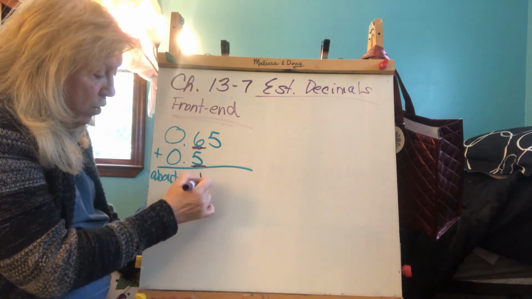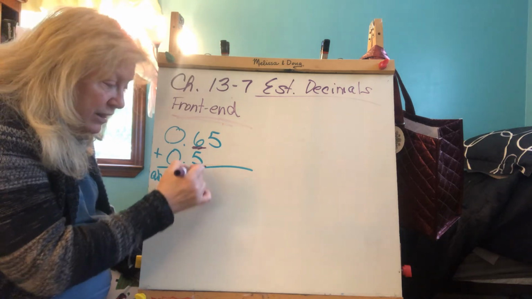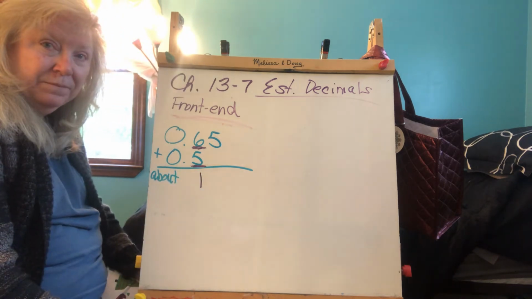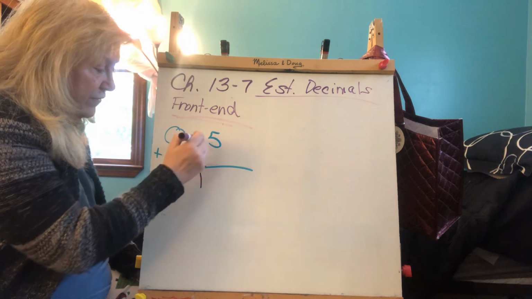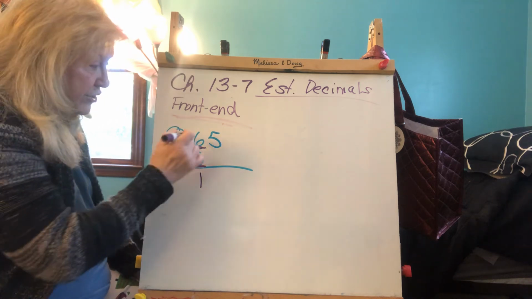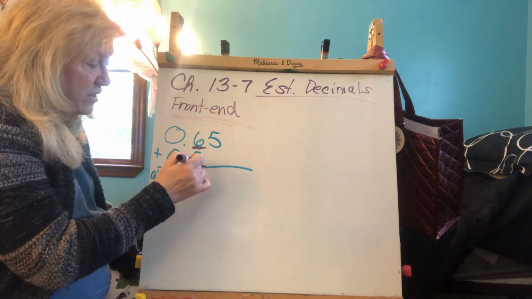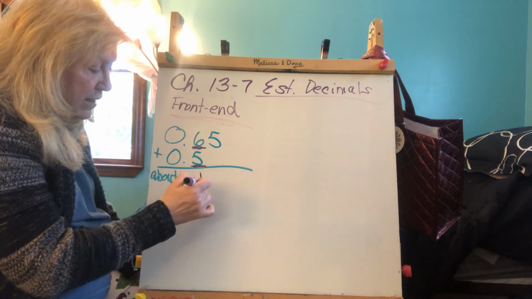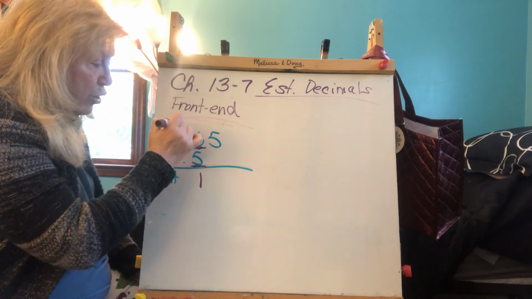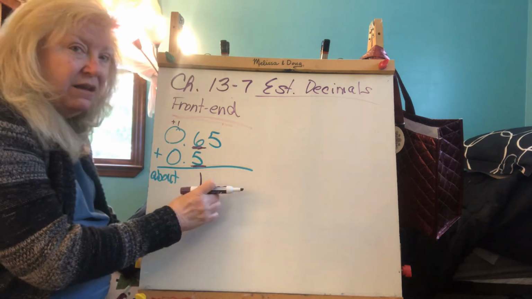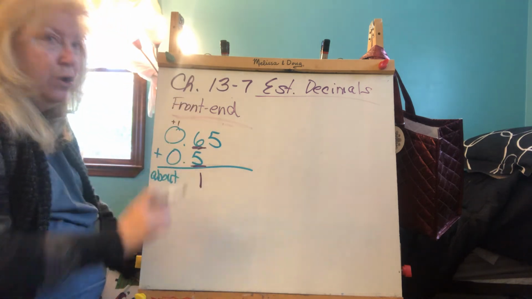I put my 1, but I can't put 11 in the tenths column, so I have to regroup, just like I would in whole number addition. I put down my 1 and regroup 10 of my tenths into one whole.